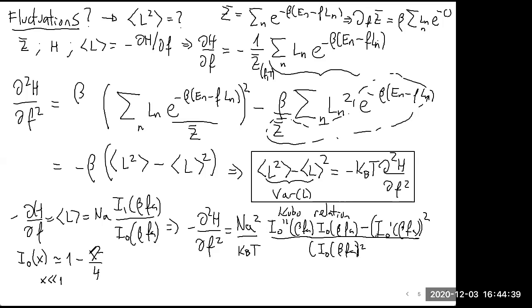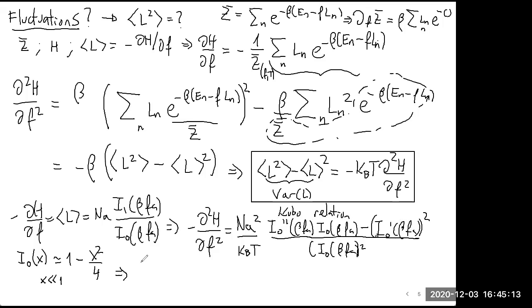I take one derivative, it is minus x halves, and the second derivative is minus 1/2. This one, when beta Fa is small, will be 1. This one is x, the first derivative is x, so this one goes to 0. And this one will be the same as this, it will be 1. So when beta Fa is small, the only thing that will contribute is this part.